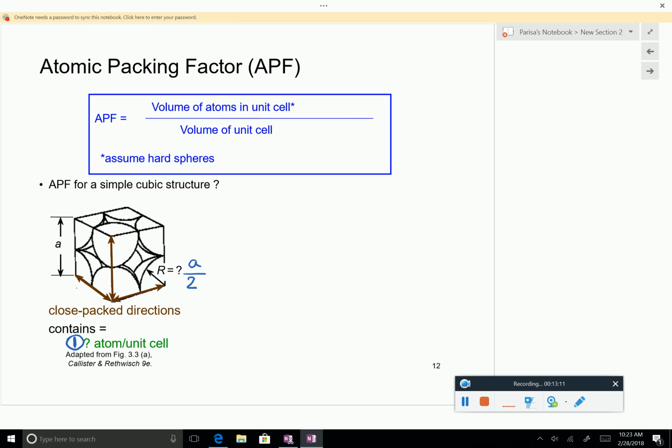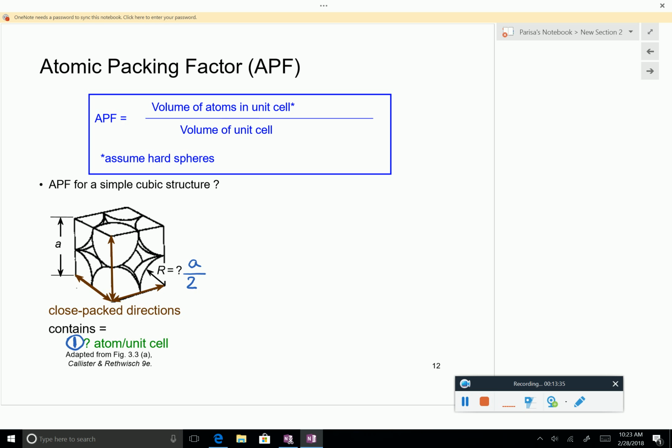Now this brings us to an important definition, which has a lot to do with the density of materials. And this is the atomic packing factor. It turns out that materials have different densities because they have different atomic structures, atomic packing. And that defines their density.